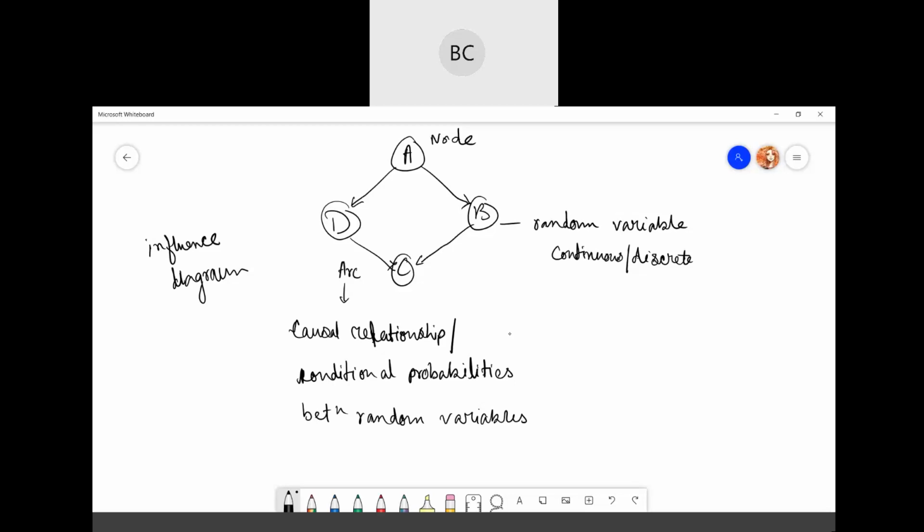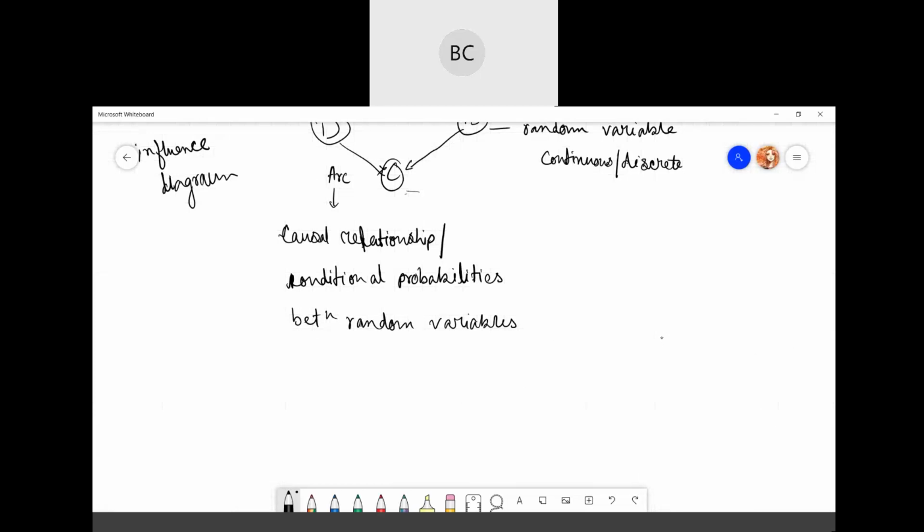A is connected to both B and D, so A is the parent for both B and D. And C is not directly connected to A, so we can say C is independent of node A. It is dependent on B or D, but it is independent of A. Here we mainly use the concept of joint probability distribution.